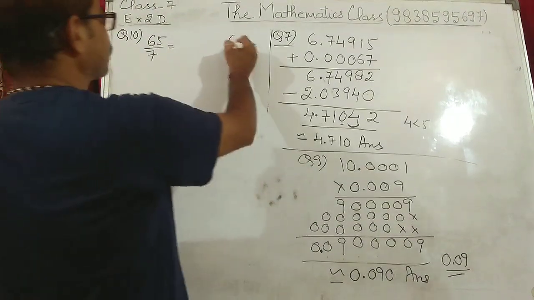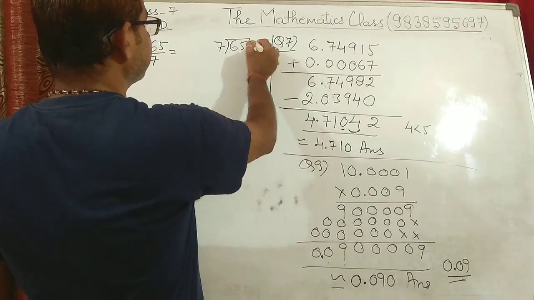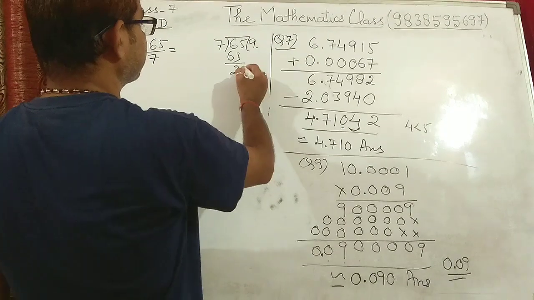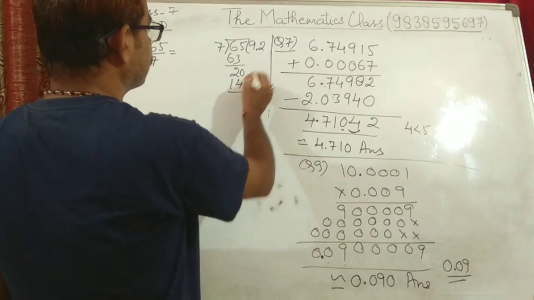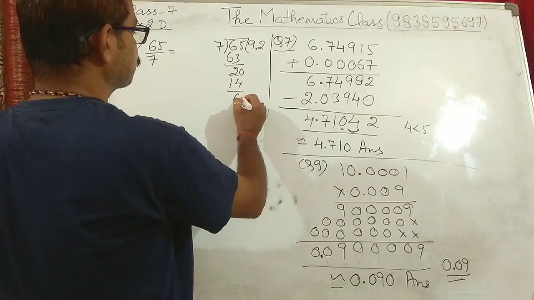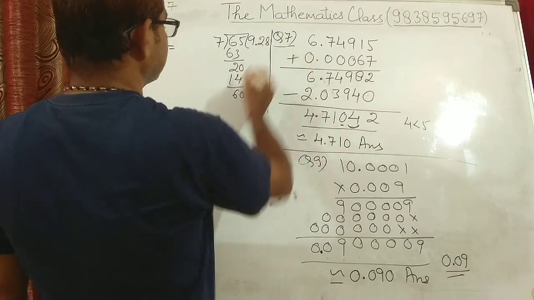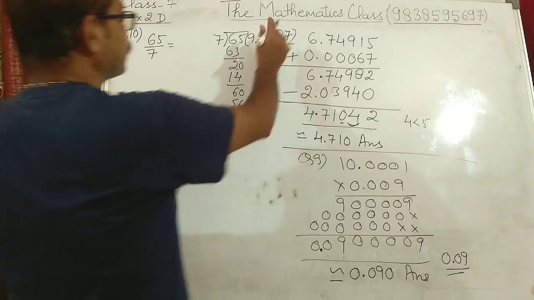So what we'll do? We will divide 65 by 7. 7 nines are 63, 2 left. Put a decimal, add a 0. 7 twos are 14, 6 left. Put a 0. 7 eights are 56, again 4 left, 40.